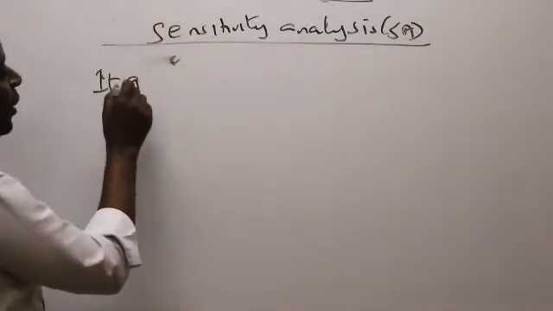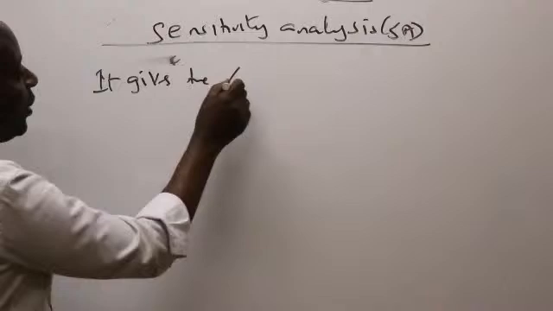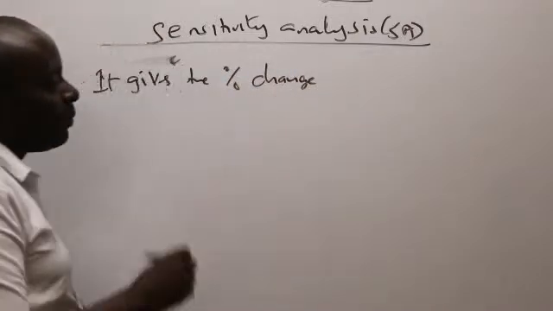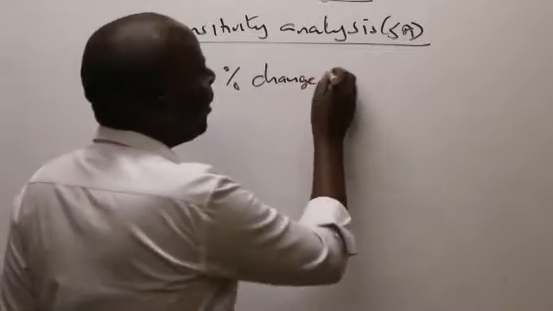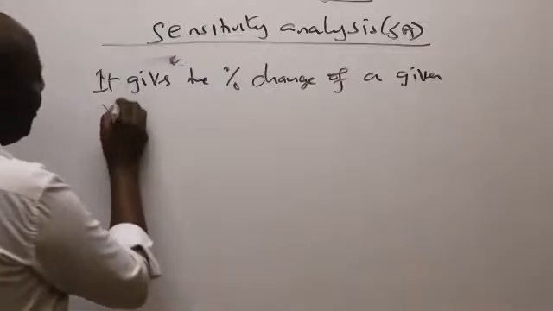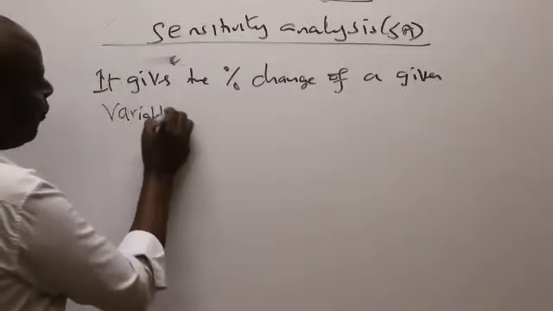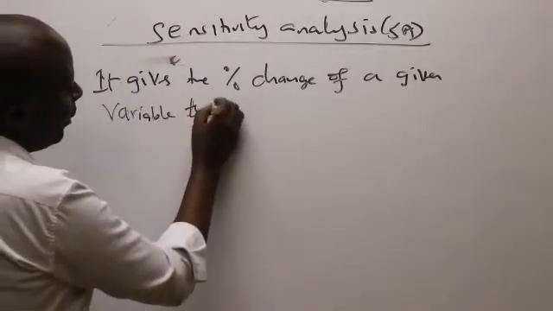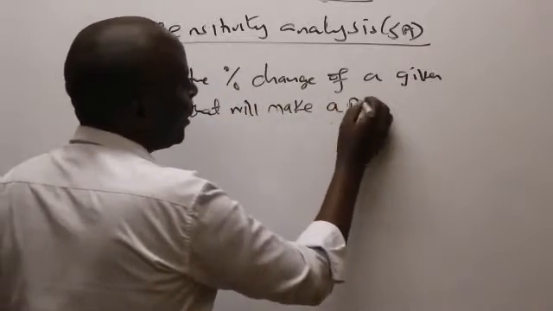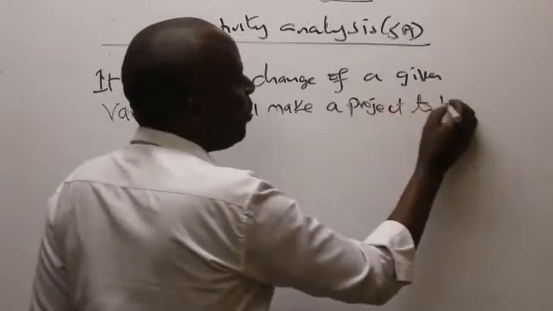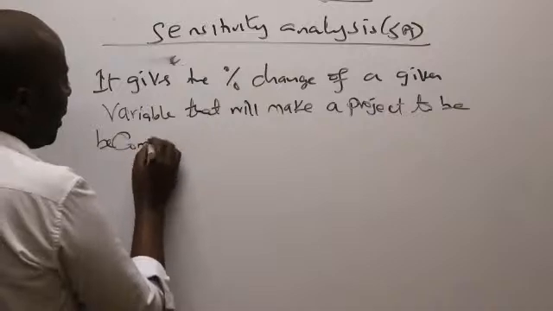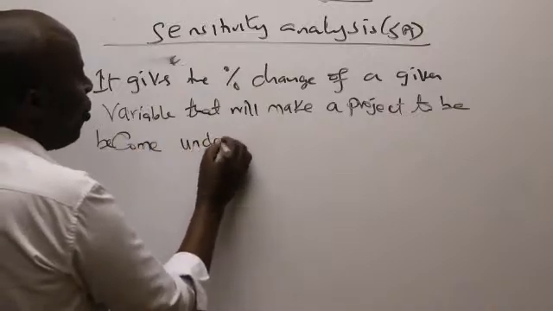So sensitivity analysis, what we shall be abbreviating as SA, gives the percentage change of a given variable that will make a project become undesirable.